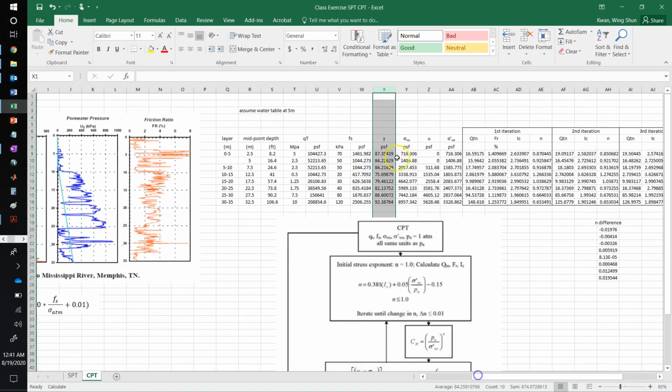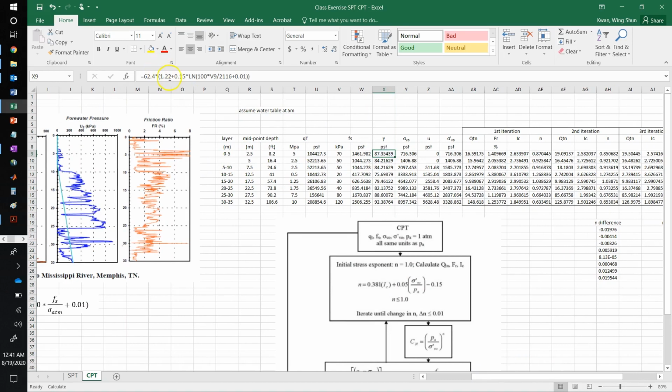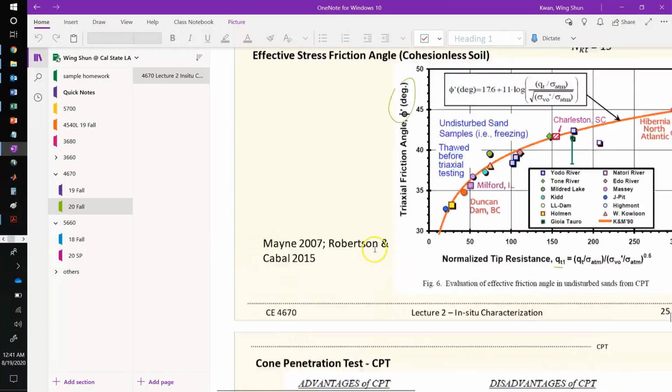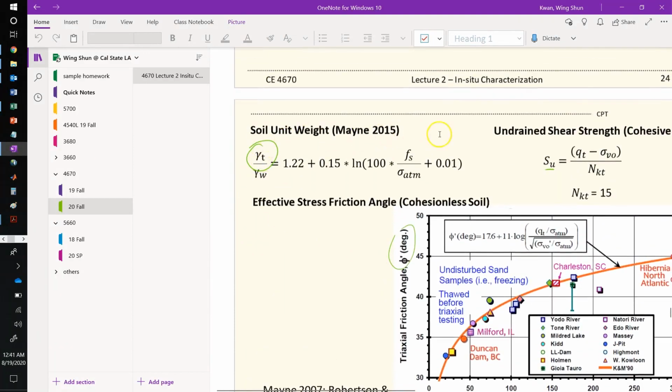So first thing, the unit weight of soils will be a little bit more obvious, because remember we have those correlation equations here to convert our sleeve friction to total unit weight of soils. In this case, this formula is normalized by the unit weight of water.